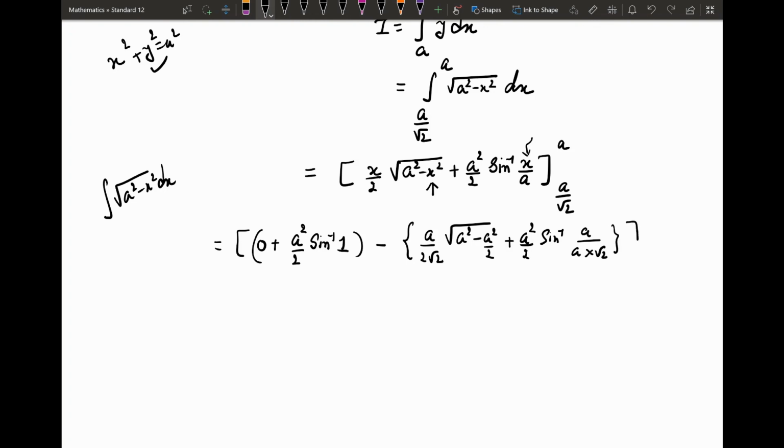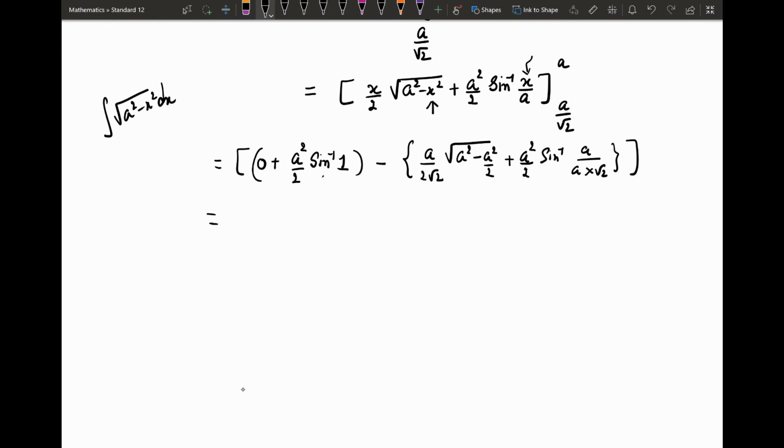Simplifying, sine inverse 1 is pi by 2, so pi a square by 4.